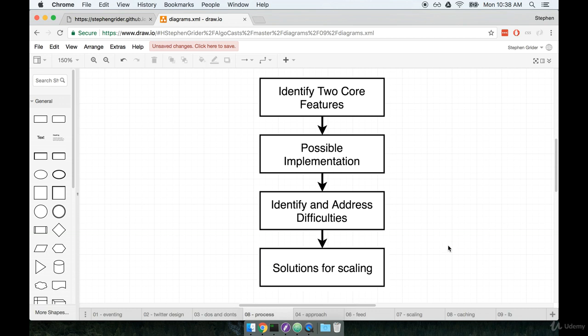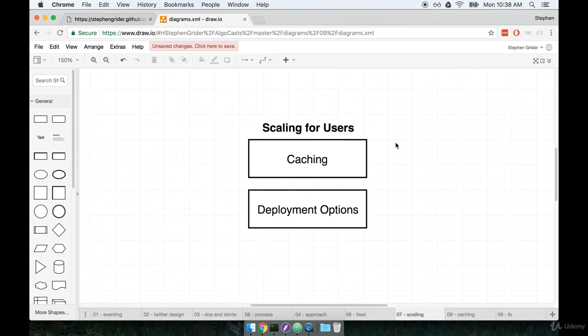And so two possible ways of addressing scaling for additional users would be to mention something about caching data or caching requests from the database, and then also think about some general ways in which we can address the overall server architecture to make sure that we could scale it out for additional users. So this is one area that I want to give you just a little bit more detail on than some of the other areas that we've been talking about.